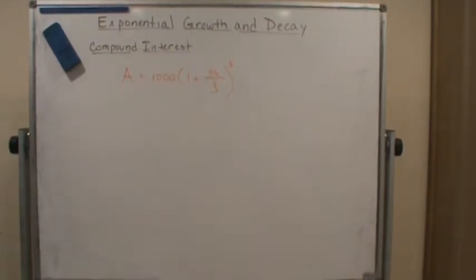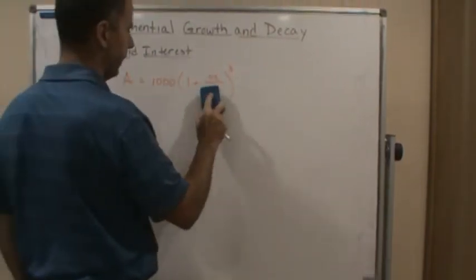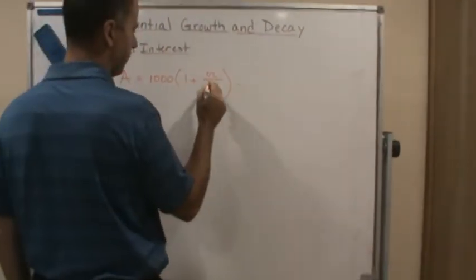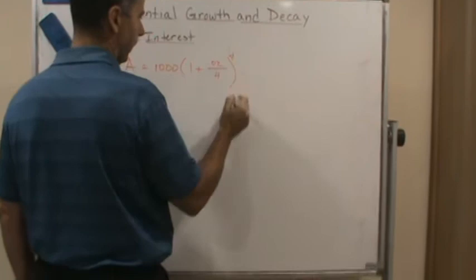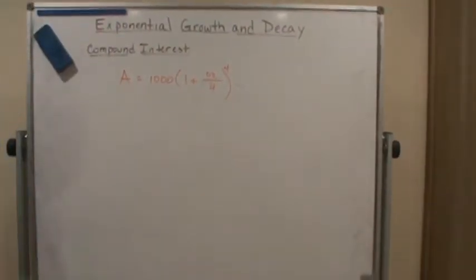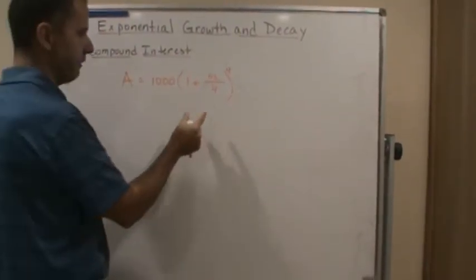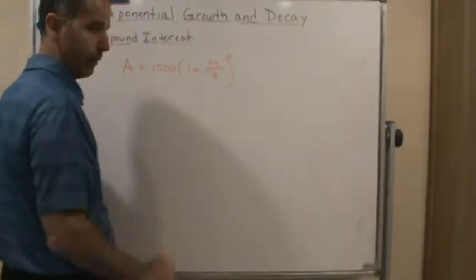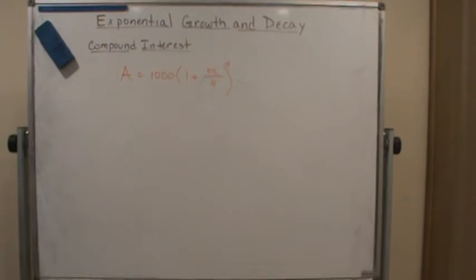And what if it was every 3 months? Then you would have quarterly compounding, and so now this would become 4, and it would be done 4 times. You would be dividing it into a quarterly percentage and compounding 4 times.